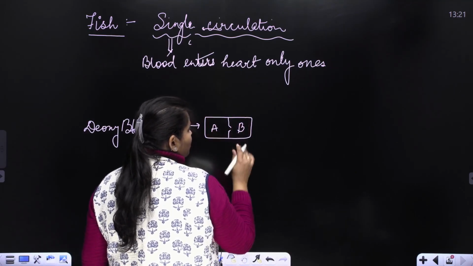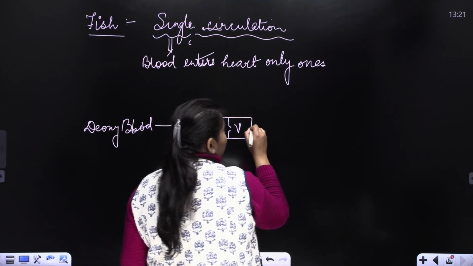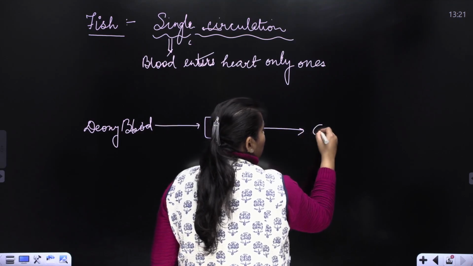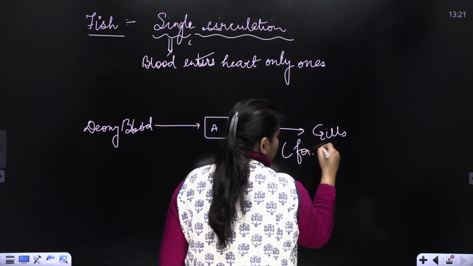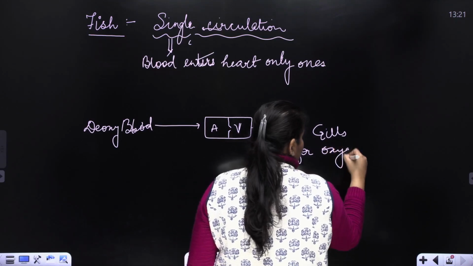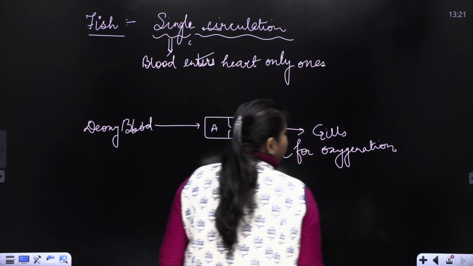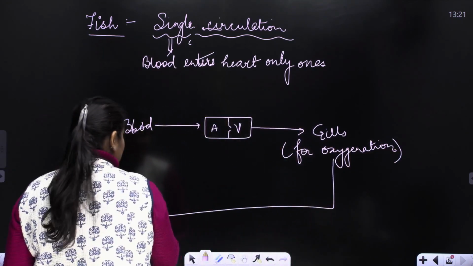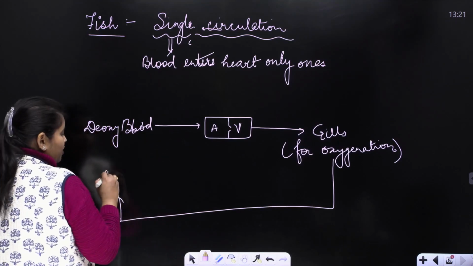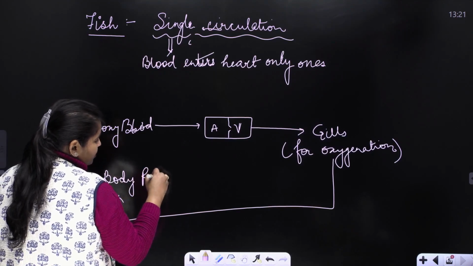It is sent to the ventricle. All right. Then this blood goes to the gills for oxygenation. And now this oxygenated blood is directly sent to the body parts.